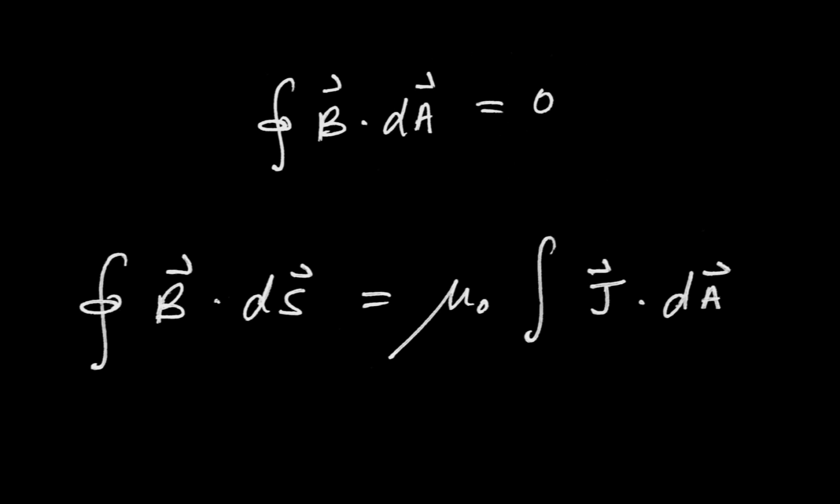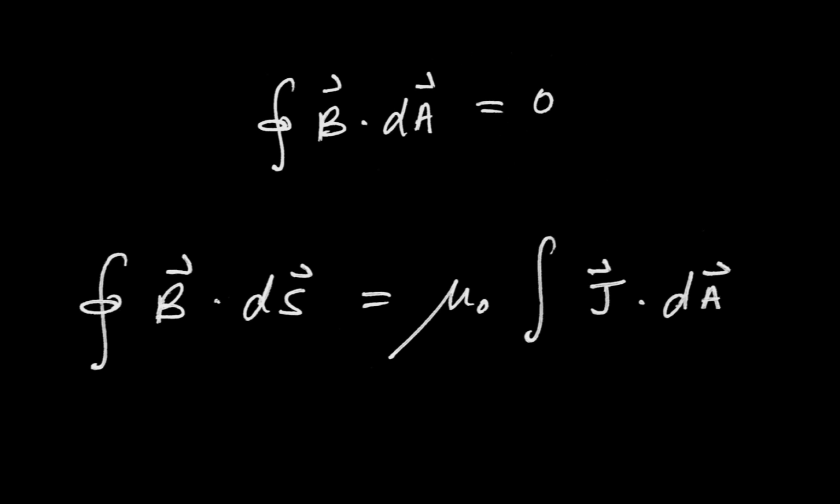There are no point objects that create the magnetic field, and similarly no sink of magnetic field, because as I know, the magnetic field lines form closed loops.